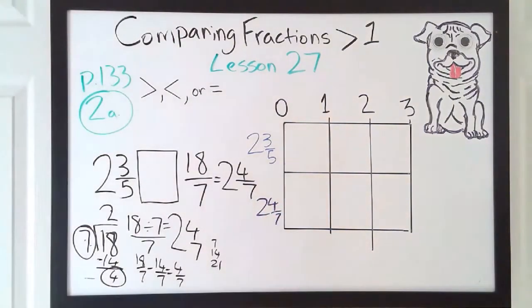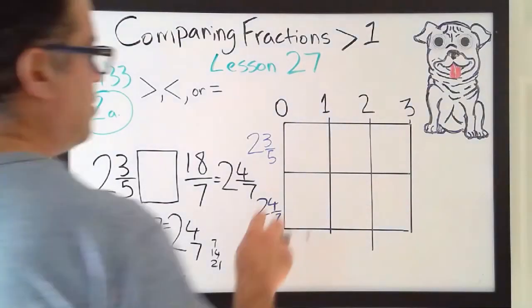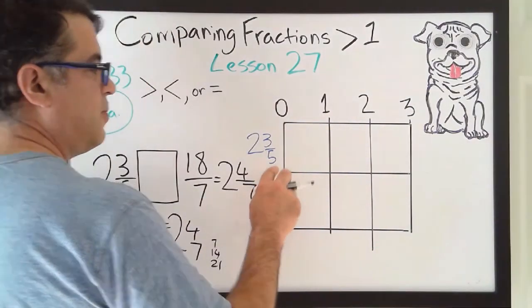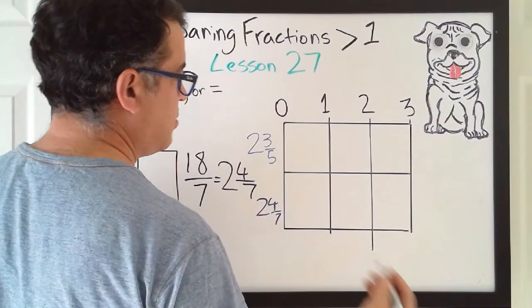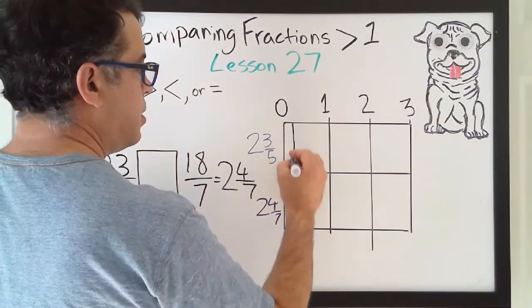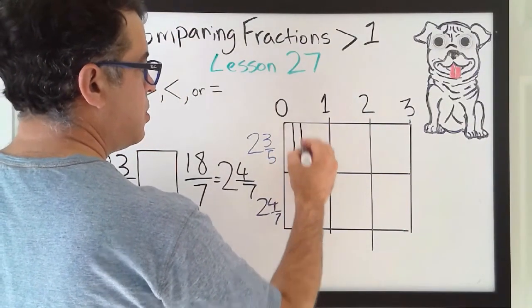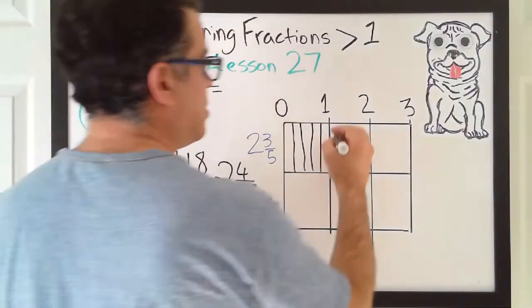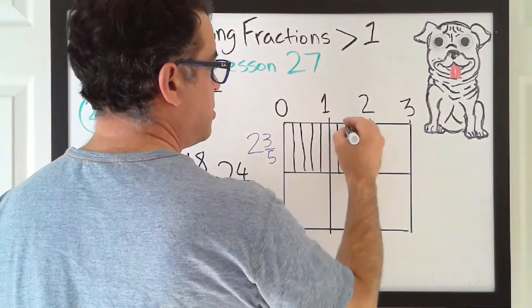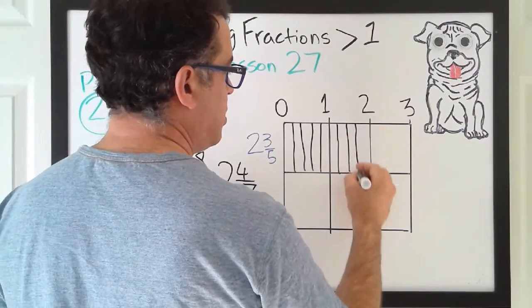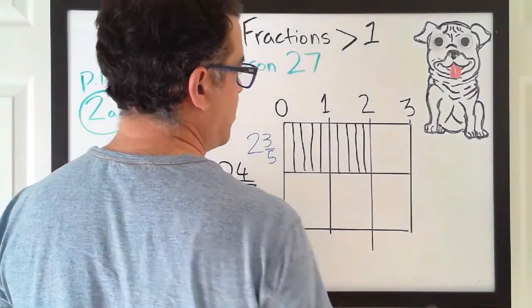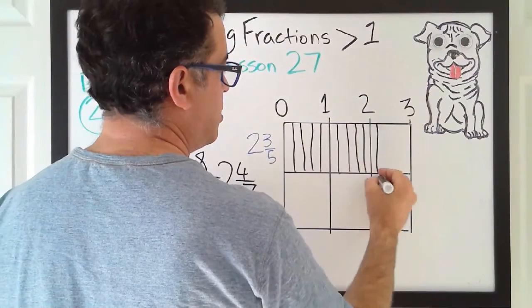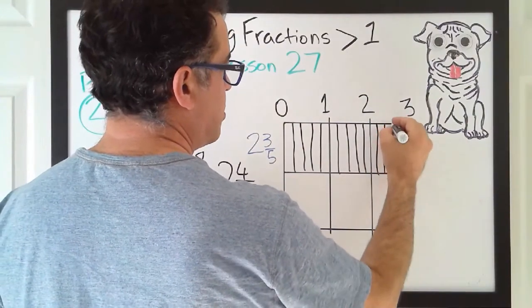Alright, I'm going to use black to make my partitions. This one has to be in fifths. How do you make fifths? You make 4 lines, that gives you 4 spaces. 1, 2, 3, 4. That's fifths. That gives me 5 spaces.